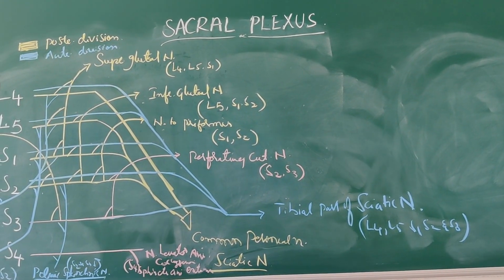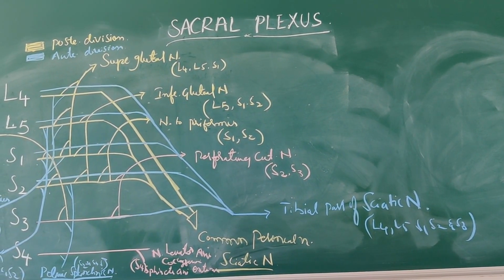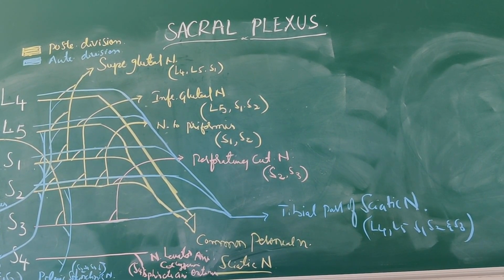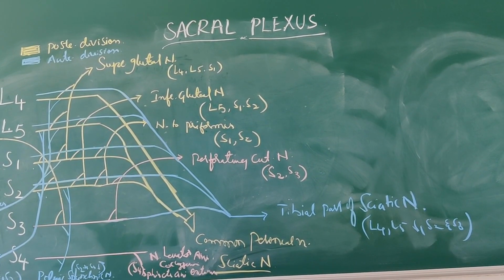There is one more nerve which is formed by S4 and the ventral divisions of S2 and S3, that is the pudendal nerve.